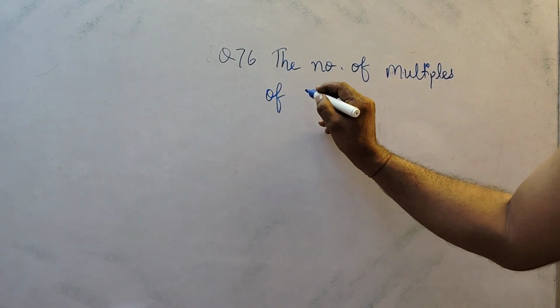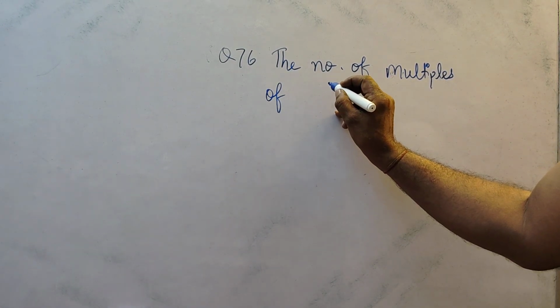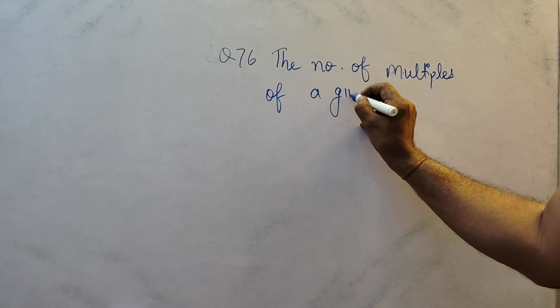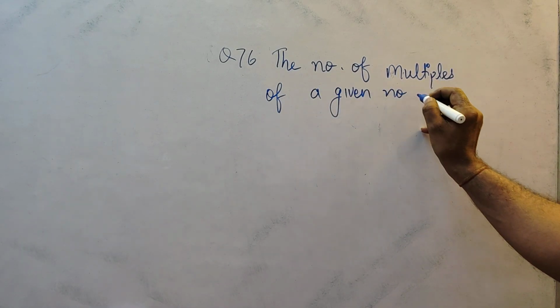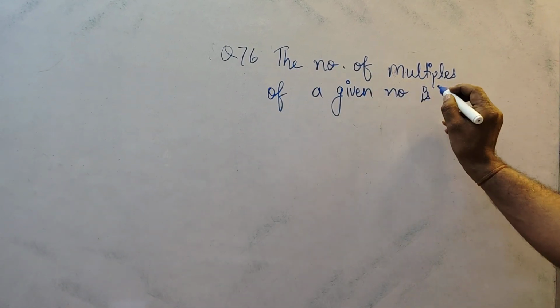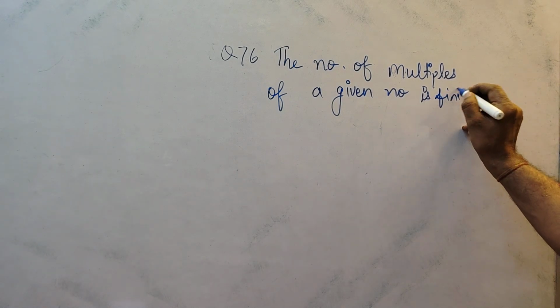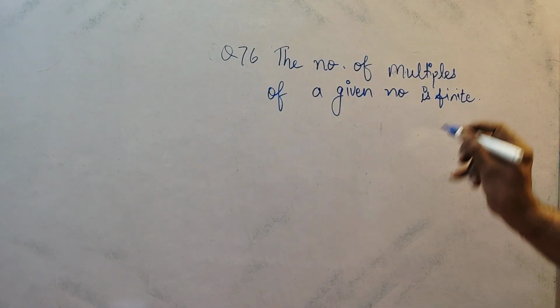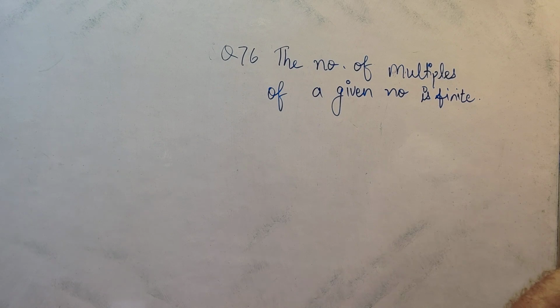So the number of multiples of a given number is finite. True or false?